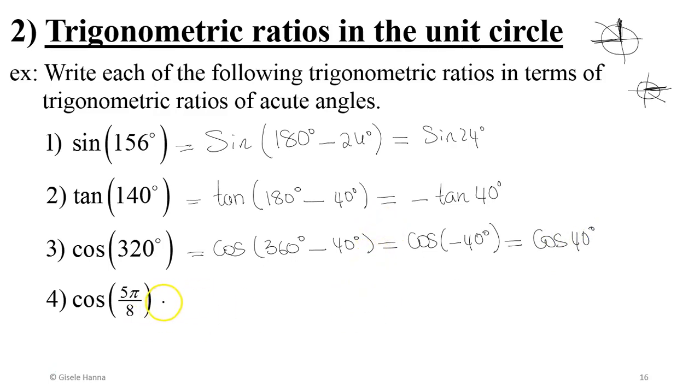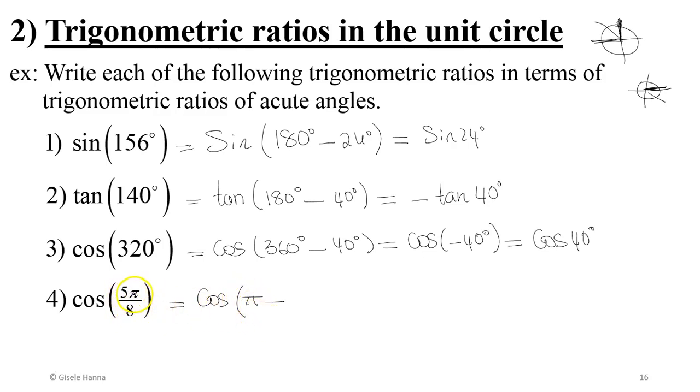Okay, so let's just do one in radians. 5 pi over 8. Now, over here, 180 is pi in radians. So this is pi minus. Pi minus what gives you 5 pi over 8? Remember that with a denominator of 8, pi is 8 pi over 8.